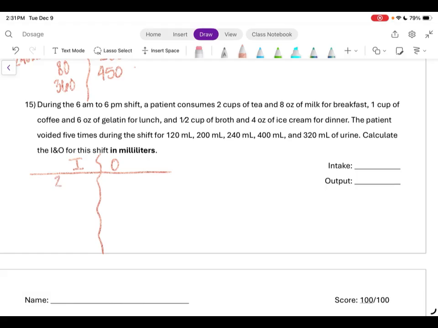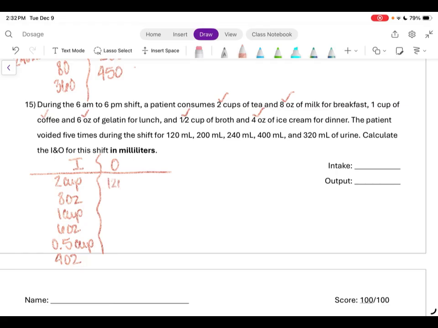So I have 2 cups, 8 ounces, 1 cup, 6 ounces, half a cup of broth. I'm just going to write it in decimal format. 4 ounces of ice cream. And that's it for my intake.